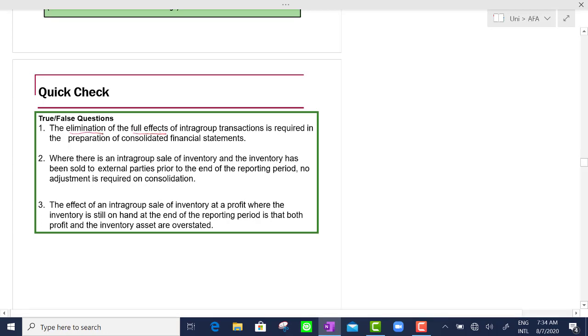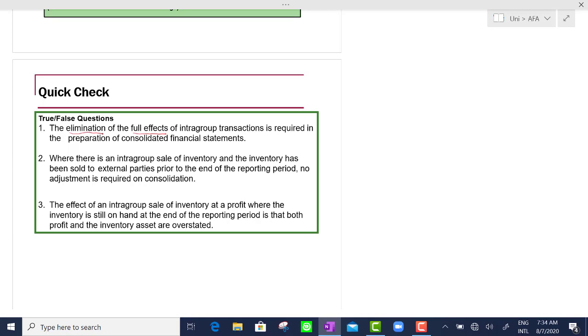I told you, irrespective of the ownership interest, the intra-group or intercompany transactions should be fully eliminated. The ownership interest could be 70% or a wholly owned subsidiary at 100%, right? But still, irrespective of the ownership interest, the intra-group transactions or intercompany transactions should be fully eliminated.